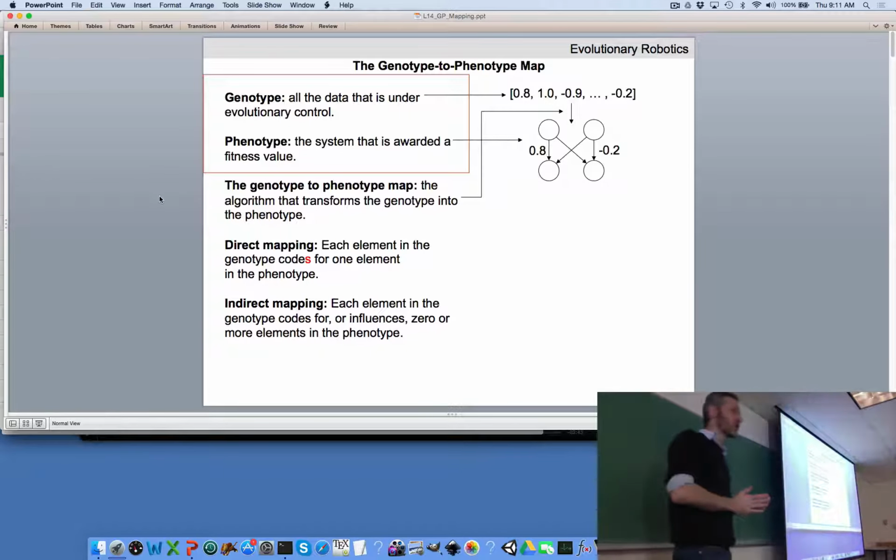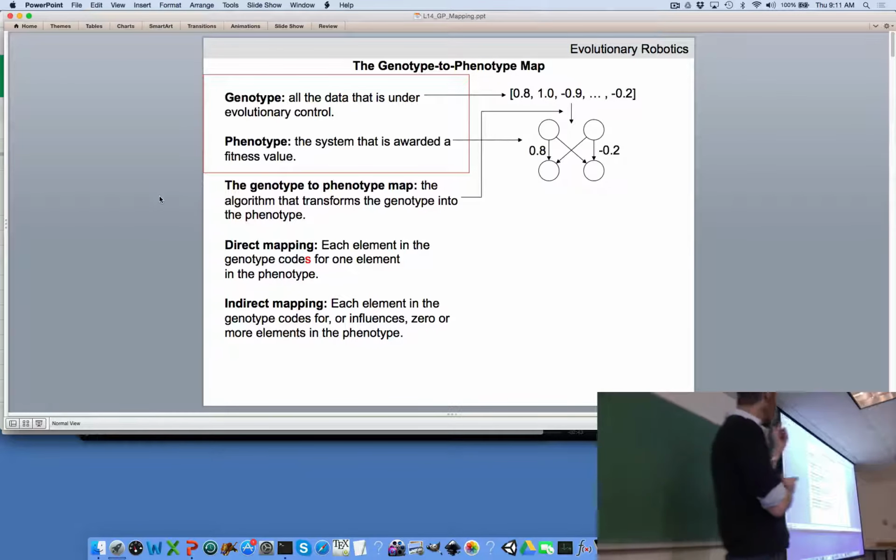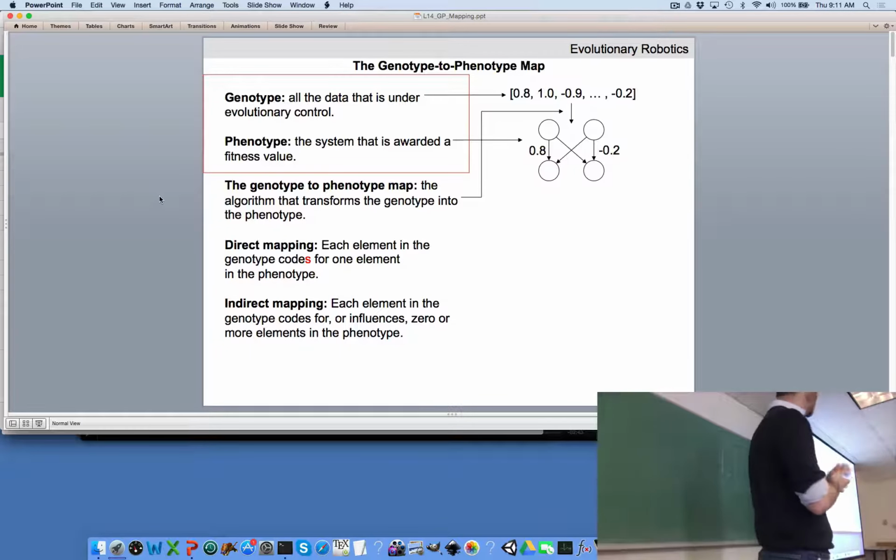In the remainder of this course, we're going to see more and more of the phenotype placed under evolutionary control. So as we're going to see actually starting today, we're going to see some experiments where not just the synaptic weights, but aspects of the neural network as a whole, and the body is also placed under evolutionary control.